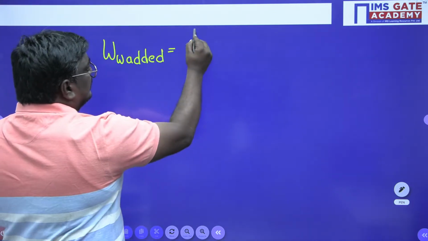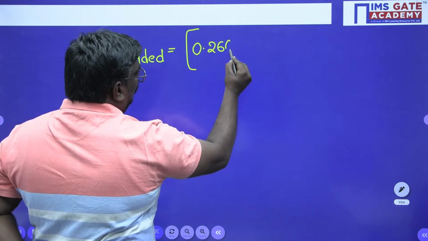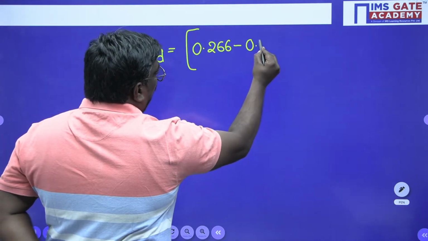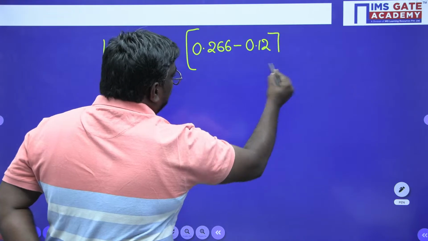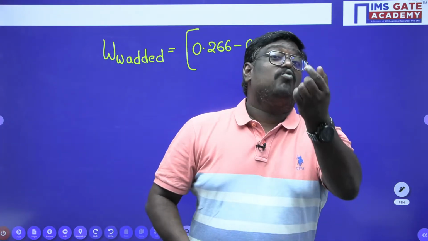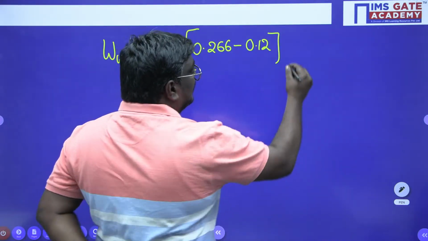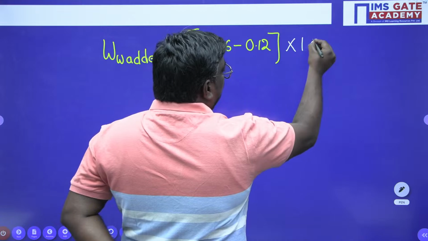It is 0.266 minus water content 2, 0.12, and the volume they have given. What is the weight of water to be added for 100 meter cube of soil? So for 100 meter cube of soil, the volume is 100.